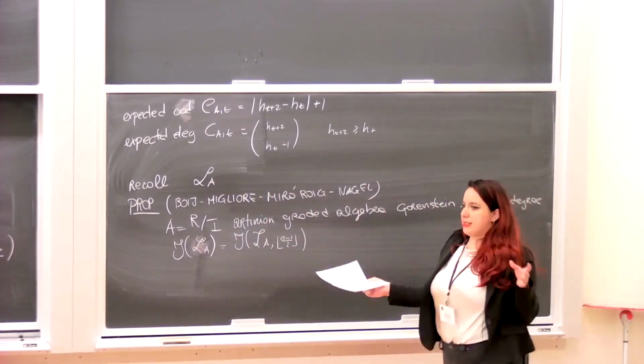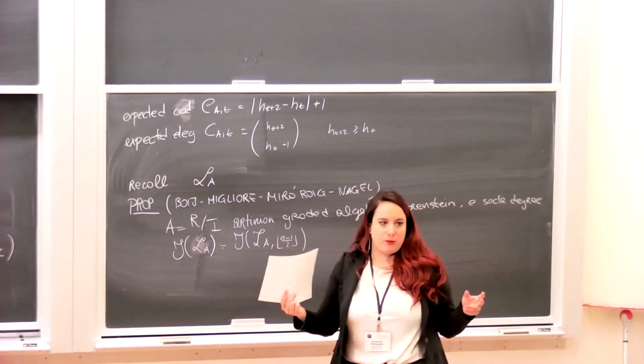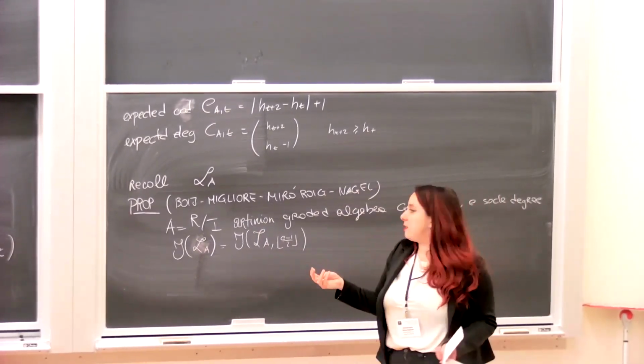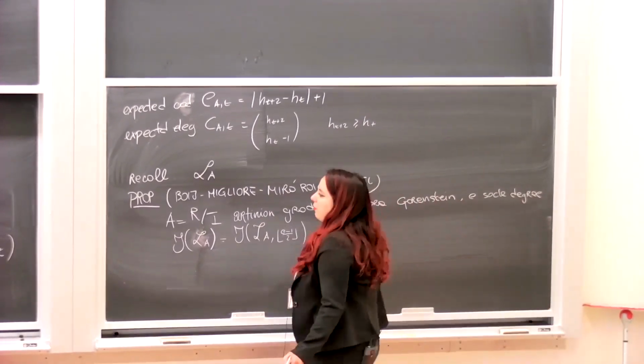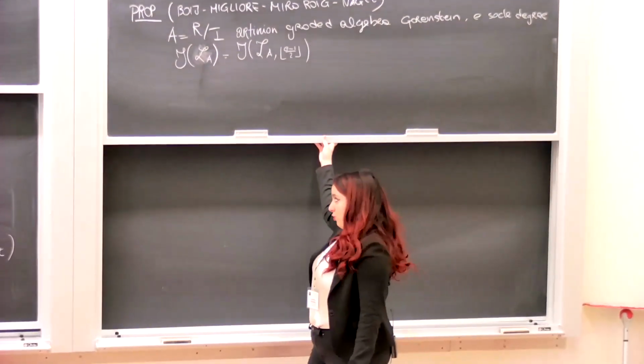And I will say that in this case, the non-Lefschetz locus is constant just in one degree, in the sense that we have an inclusion of ideals. And we want to check if something similar happens also for the case of degree 2.